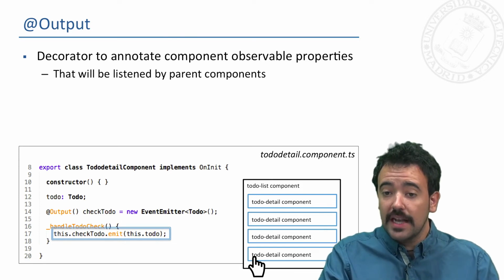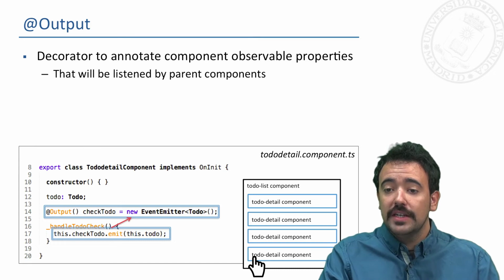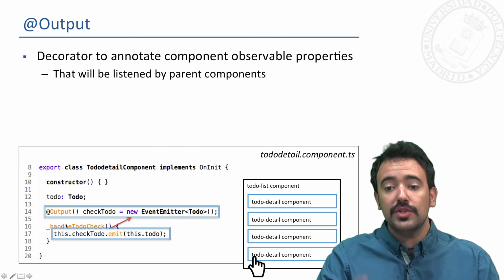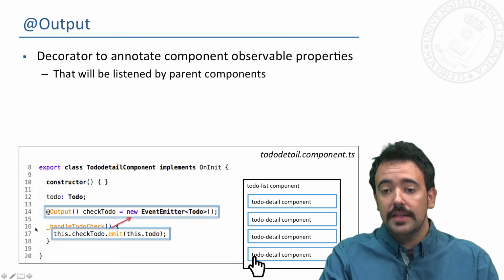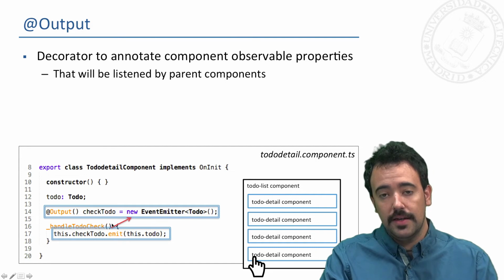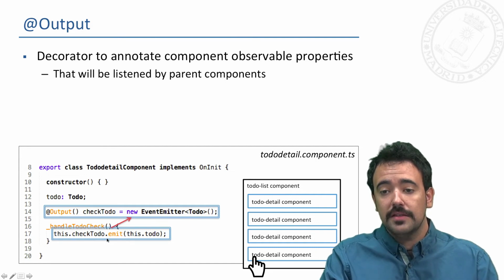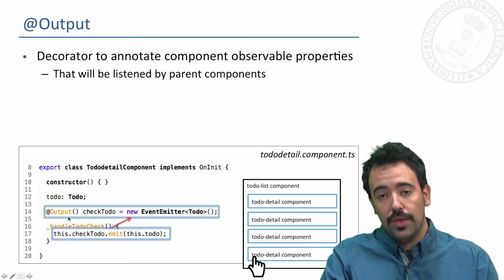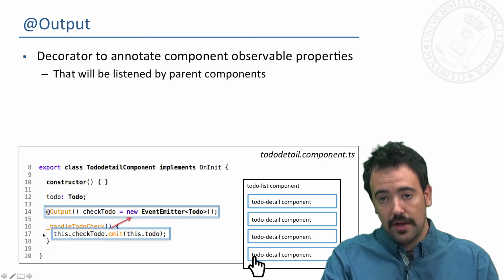In order to do this in Angular, we have to use an event emitter that is decorated with this output property. So when the user clicks on this button, the handle to-do check method is called, and this method just executes the emit method of the event emitter we have decorated with this output decorator.